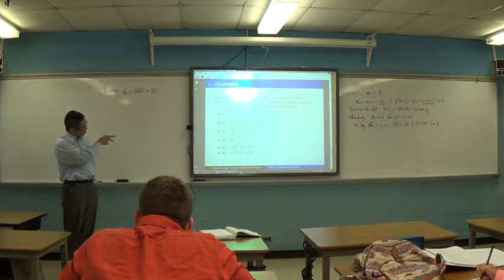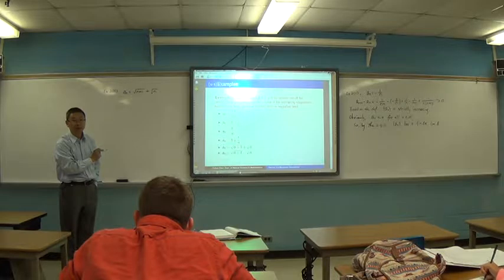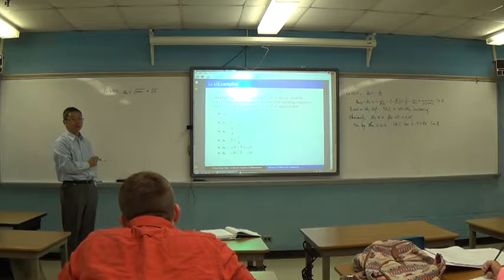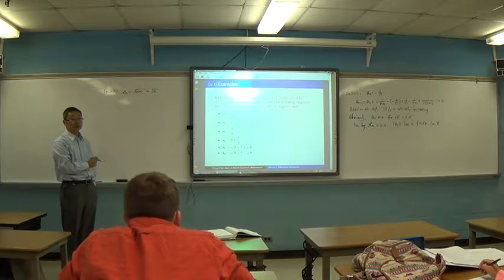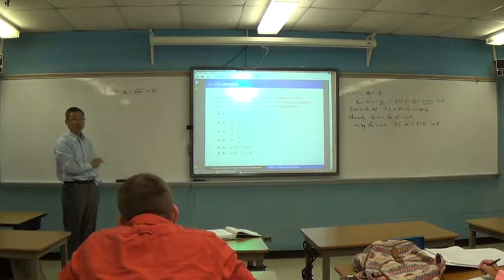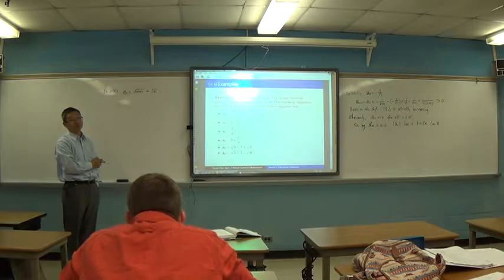Can you see whether this sequence is increasing or decreasing? It should be easy to see. Of course, increasing.